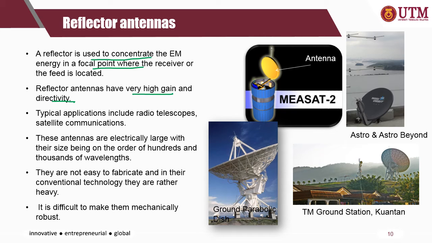Some of the application includes radio telescope, satellite communication, and we can see this kind of antenna is used a lot in broadcasting. But the problem with reflector antenna is that it is electrically large, it's not easy to fabricate and difficult to make them mechanically robust.